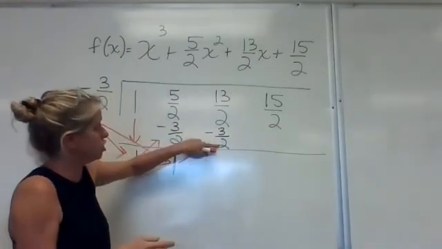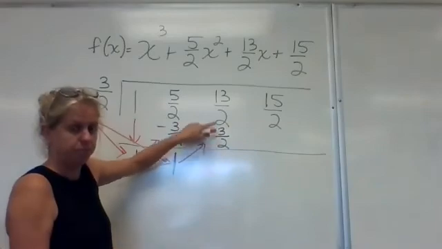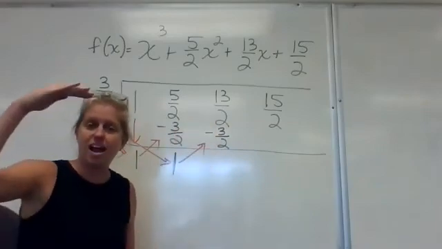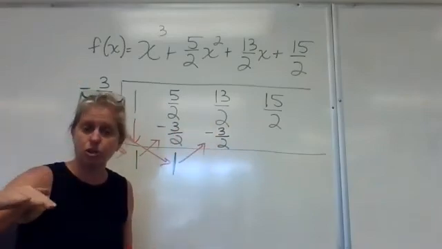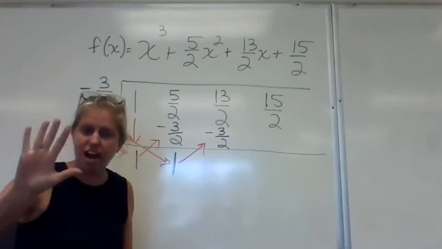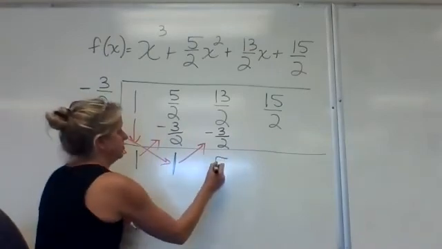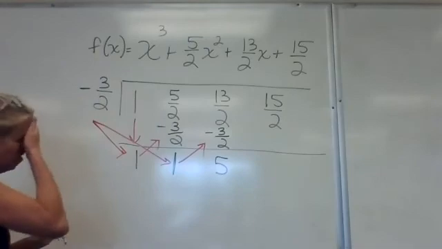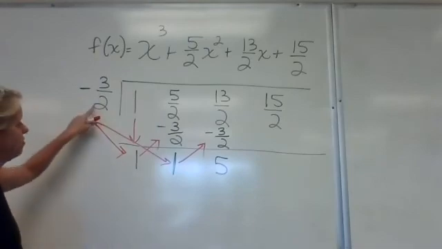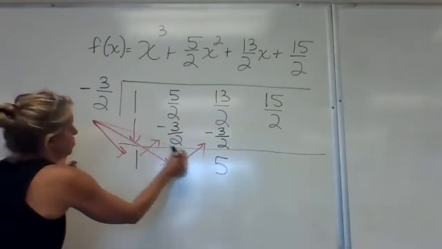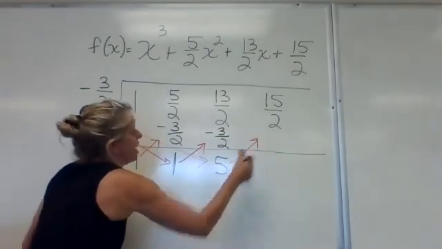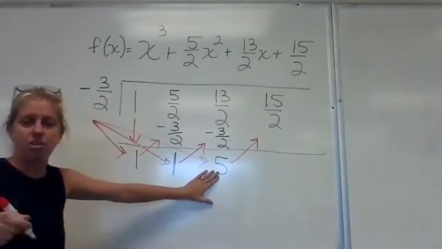My denominator's 2. So how can I write that? Instead of writing it as 10 over 2, I can write that as 5, right? That's what 10 over 2 is. So what do I have left to do? I have negative 3 halves times positive 5. Now I am multiplying by something other than 1.